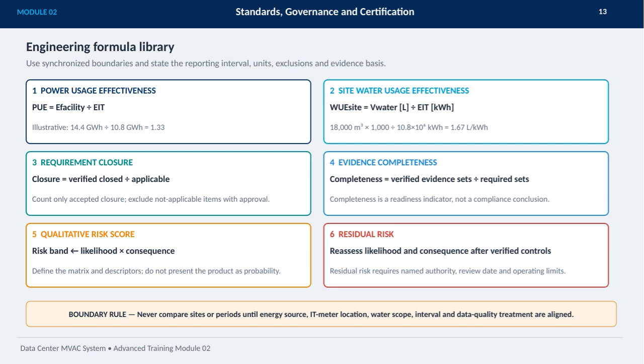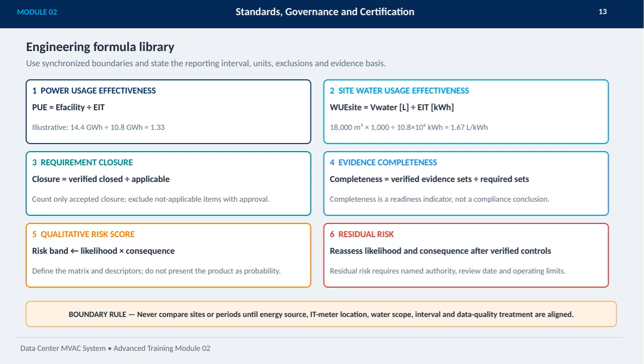Requirement closure tracks progress by dividing verified closed items by applicable ones, counting only accepted closures and excluding approved non-applicable items. Evidence completeness gauges readiness by comparing verified evidence sets to required sets, but does not imply compliance on its own. Qualitative risk scoring uses a matrix of likelihood times consequence to assign risk bands, emphasizing clear definitions without presenting results as exact probabilities.